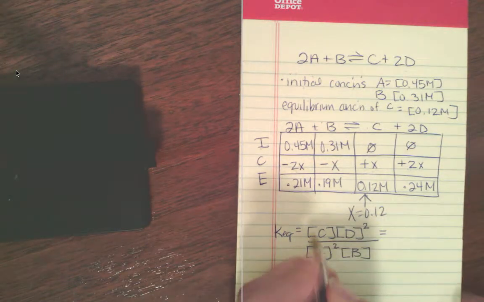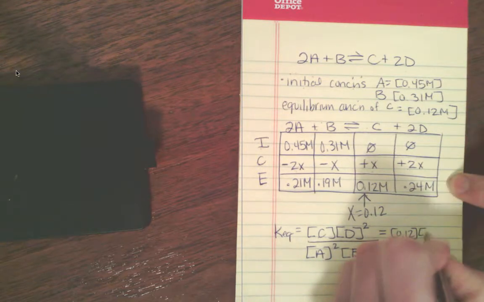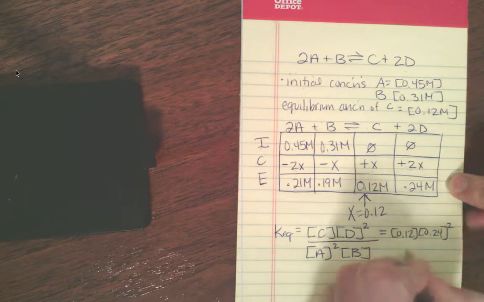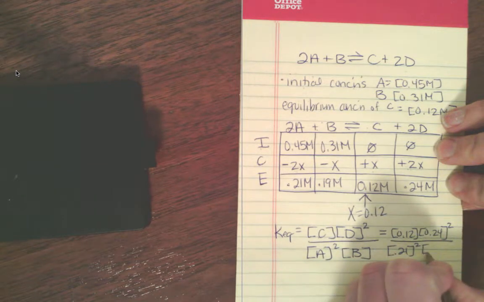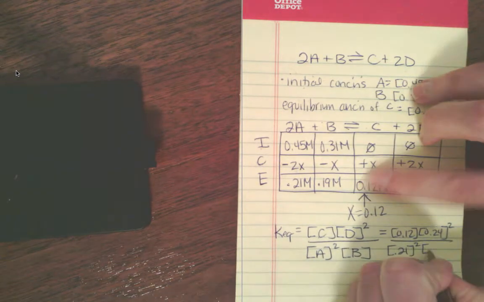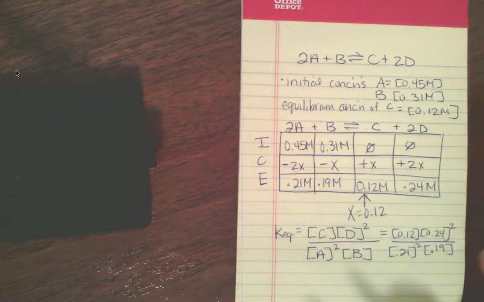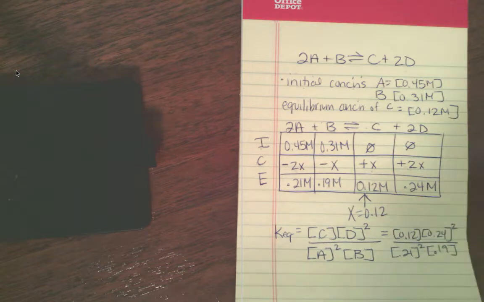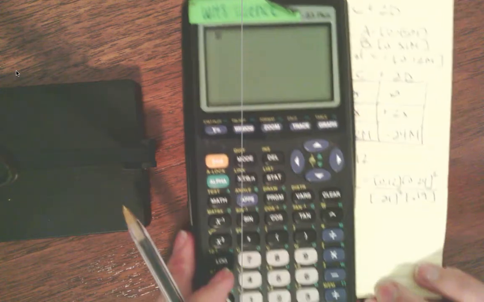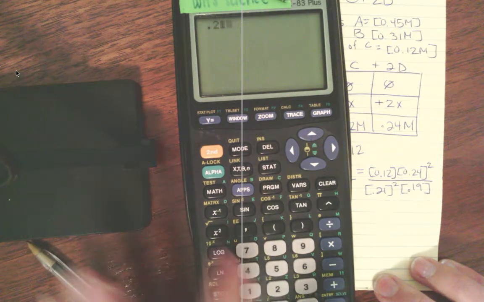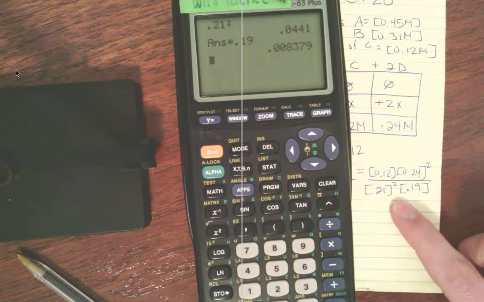I can plug in my values, so C is 0.12, D is 0.24 to the second, A is 0.21 to the second, and then B is 0.19 to the first. All right, so then in the calculator, I'm going to take care of the denominator first. So I have 0.21 squared equals times 0.19 equals.